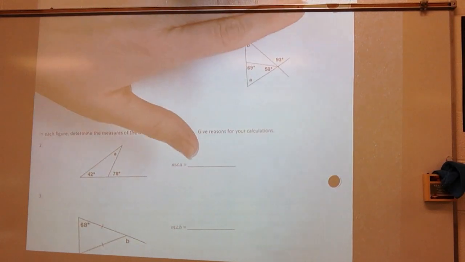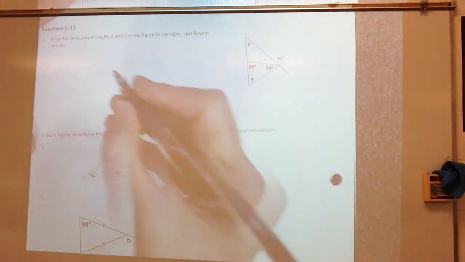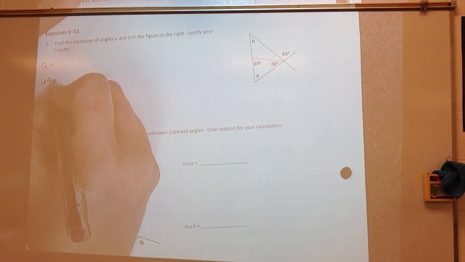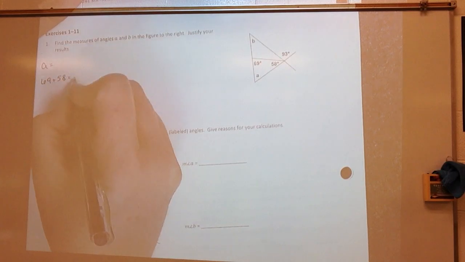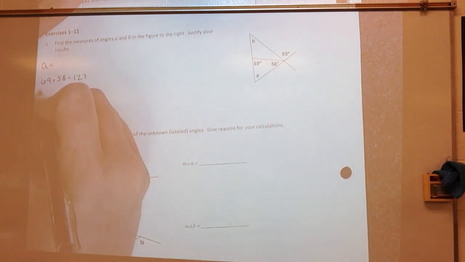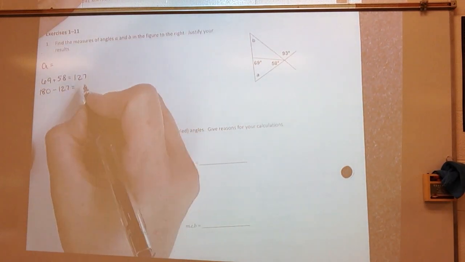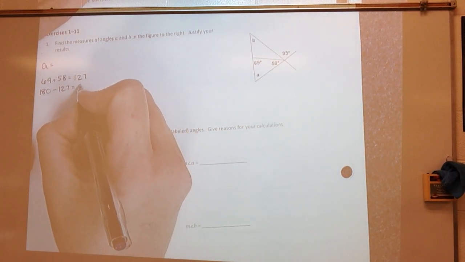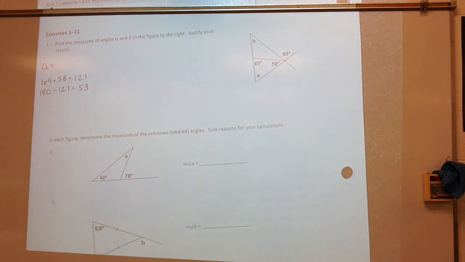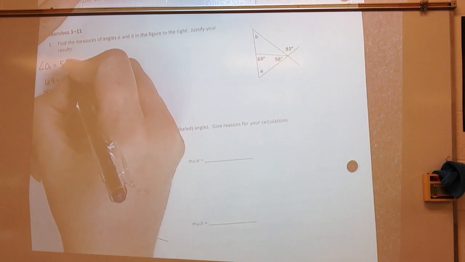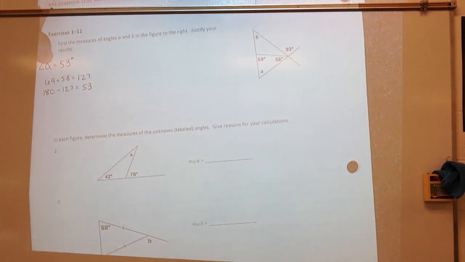So, to find A, I'm going to do 69 plus 58 gives me 127. 180 minus 127 gives me, what, 53. So I know A has to be 53 degrees.